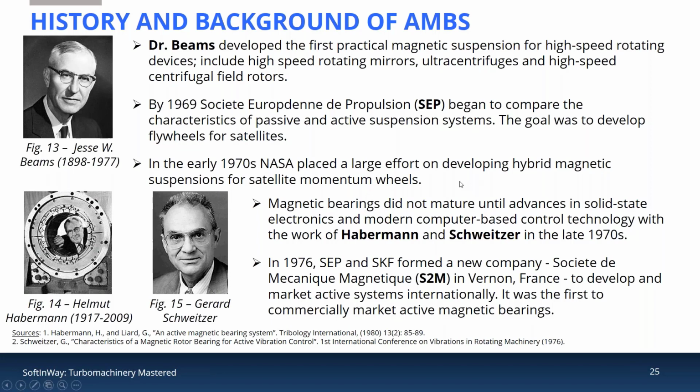The company S2M, formed by SEP and SKF in 1976, was the first to commercially market active magnetic bearings. All this became possible when the appropriate control systems arrived. So it occurred in the late 1970s.